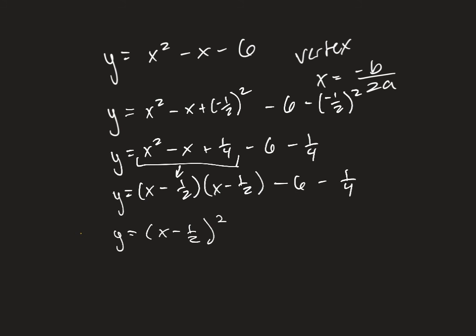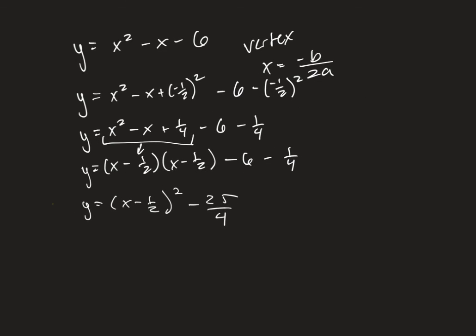And negative 6 is really just negative 24 fourths. Minus 1/4 is negative 25 fourths. And so now we've rewritten this. We've completed the square, we've made a perfect square in this first bit, and that basically creates our vertex form. And we have our h and our k. So our vertex is going to be at 1/2, comma, negative 25 fourths.